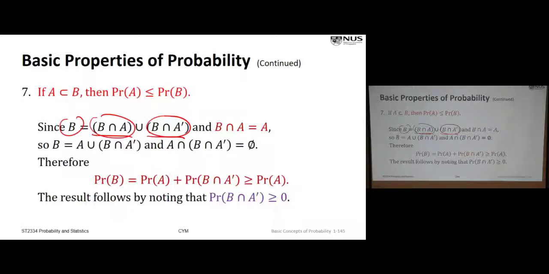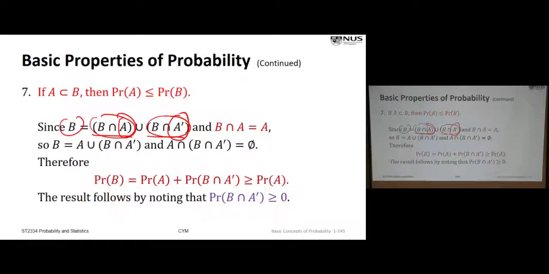The element must belong to B as well as belong to A. The second is elements belonging to B, but also belonging to A complement. That means the elements are not in A. How can you have an element which appears in A and also appears in A complement? No such thing. So they are mutually exclusive events, because this one and this one are mutually exclusive.